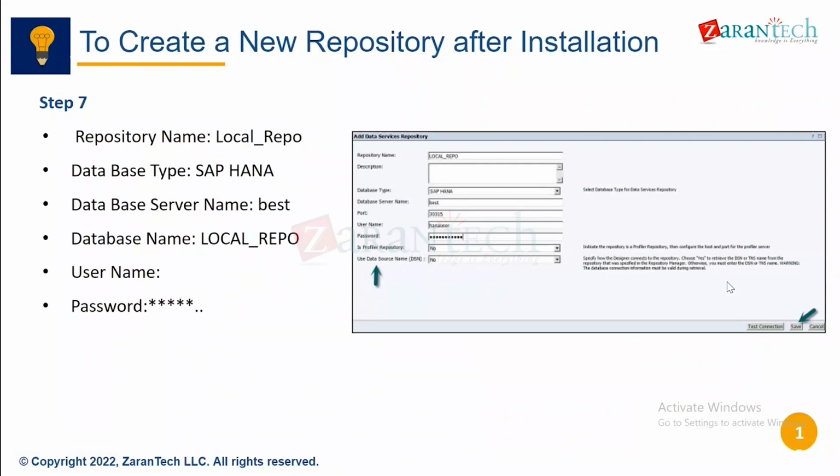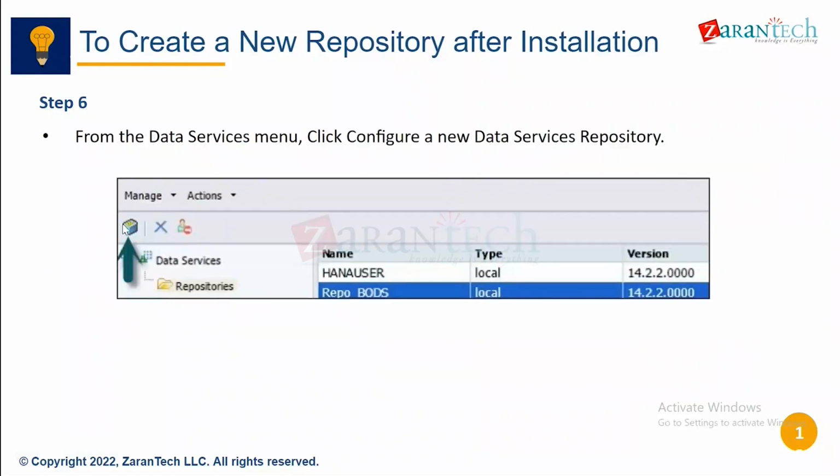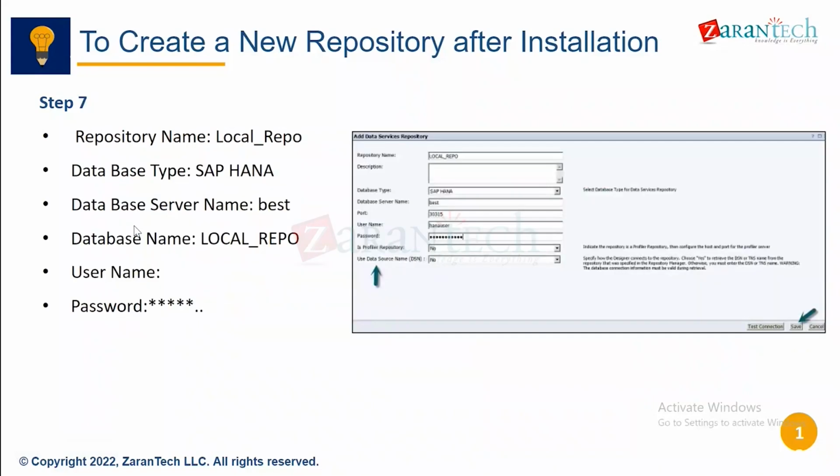If you click on this Configure button, this window will open. Here, for the local repo you have created, you need to give the same information you gave previously, such as the database type. You can click on Test Connection, or you can click on the Save button as well.